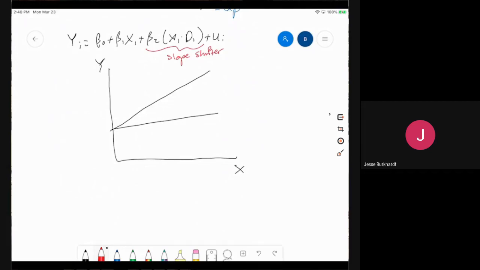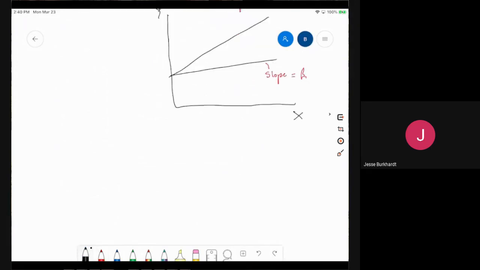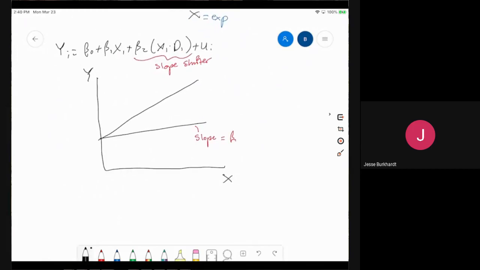Okay, what's our slope for this line? Slope for this line is beta 1. So this line is going to be equal to beta 0 plus beta 1 x 1.